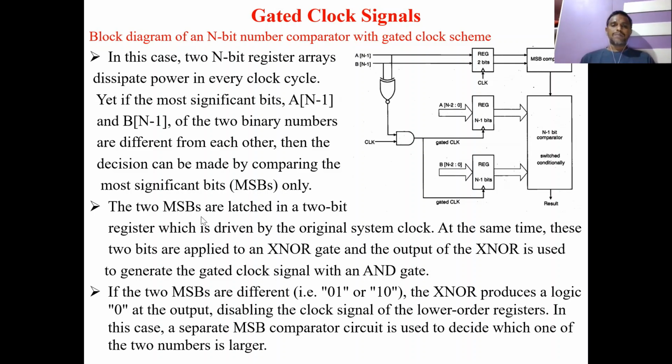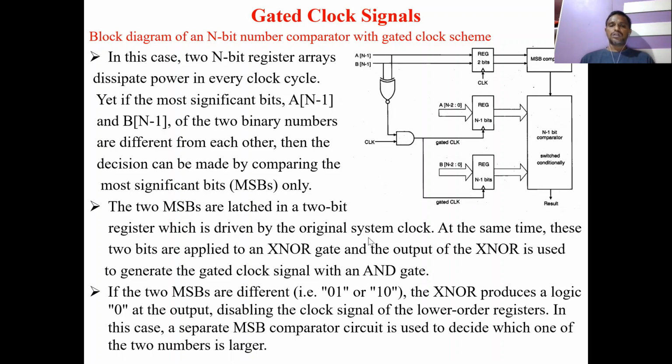The two MSB bits are latched into a 2-bit register which is driven by the original system clock. At the same time, these 2 bits are applied to an XNOR gate and the output of the XNOR is used to generate the gated clock signal with an AND gate.